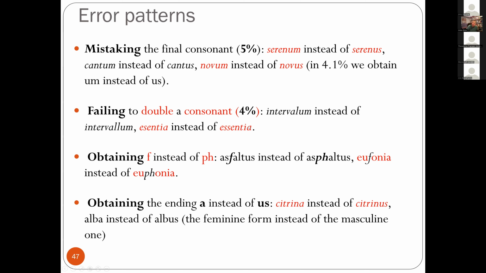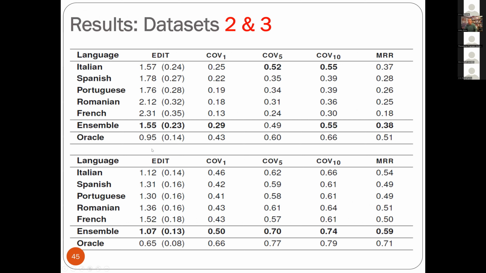Obtaining F instead of PH, asphaltus instead of asphaltus, maybe was a convention, it was not clear. Euphonia instead of euphonia. Obtaining the ending a instead of as, citrina instead of citrinus, alba instead of albus, feminine instead of masculine. So these are the error patterns we obtain, counted as errors.